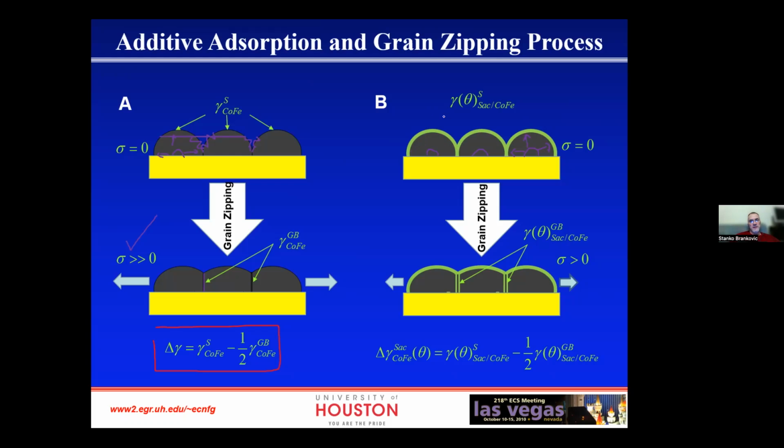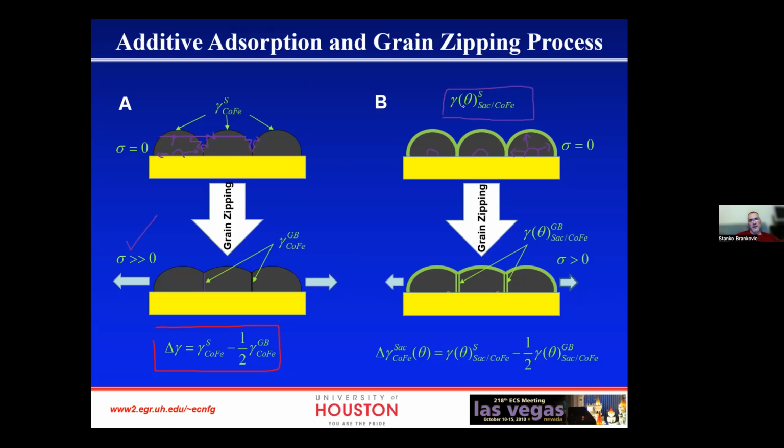What that really means is that now we are not talking about the surface energy of the clean metal surface, in this case cobalt iron surface, but the surface energy of the metal surface that is modified by the presence of the adsorbed additive phase, which has some coverage theta.